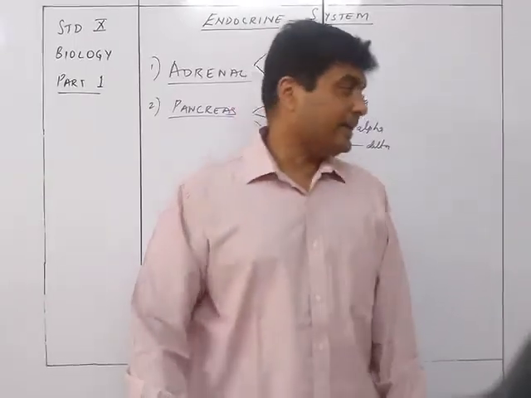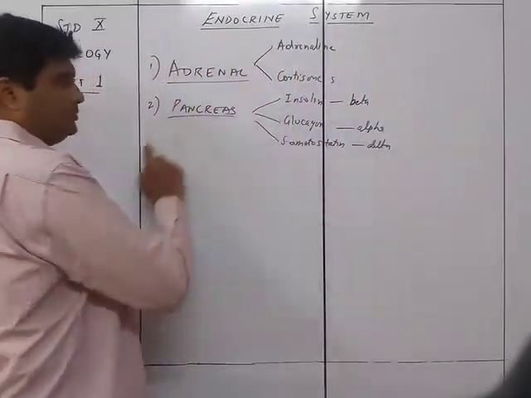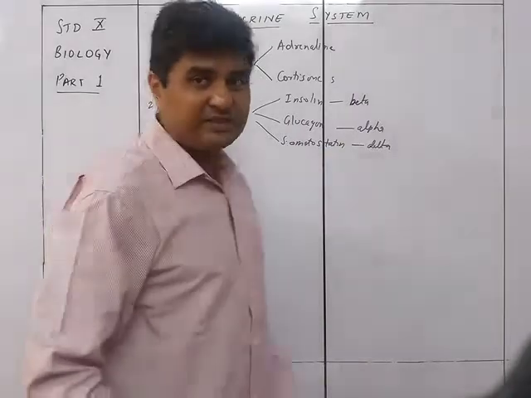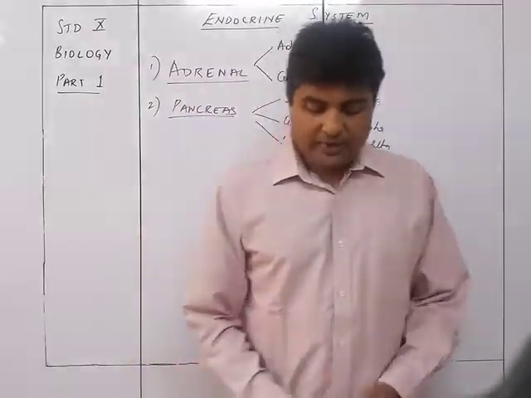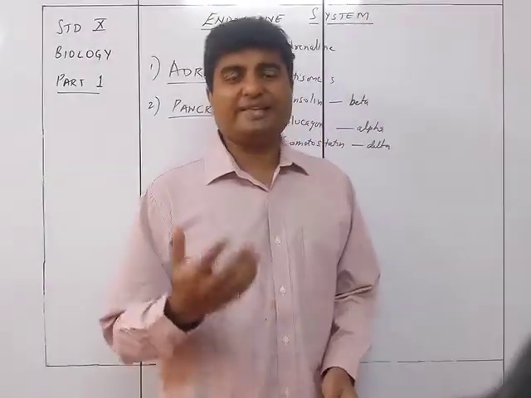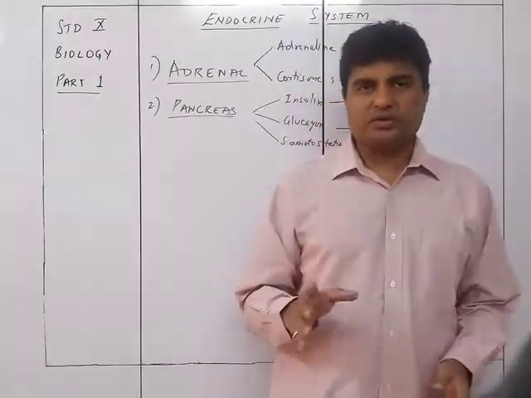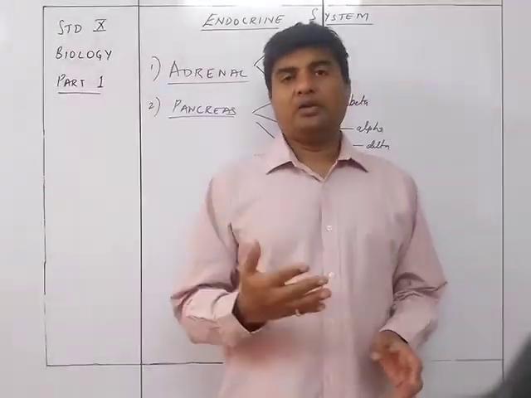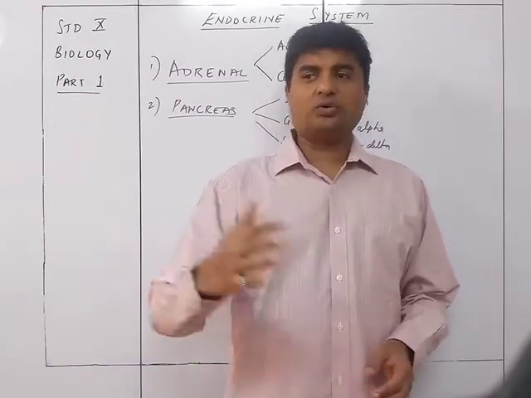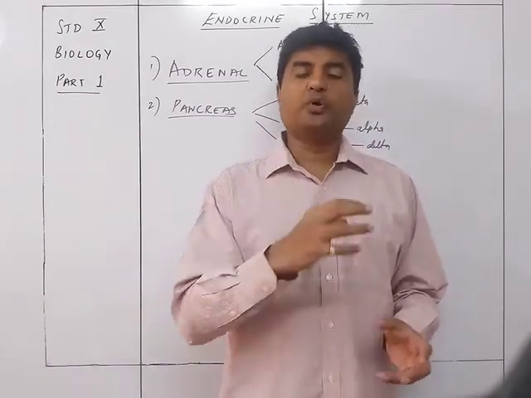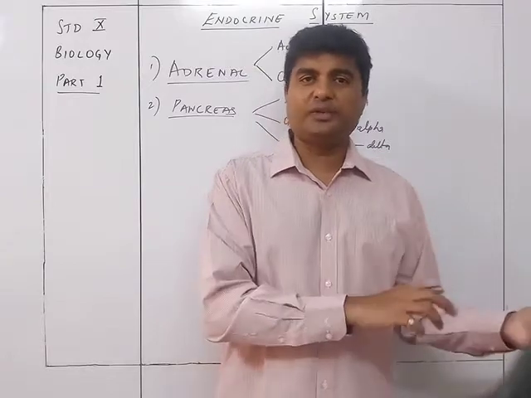The next one is glucagon, which is produced by the alpha cells. Glucagon's function is exactly opposite to that of insulin. Insulin is utilizing the glucose and storing it. Glucagon is producing glucose from the glycogen which is stored in the liver.